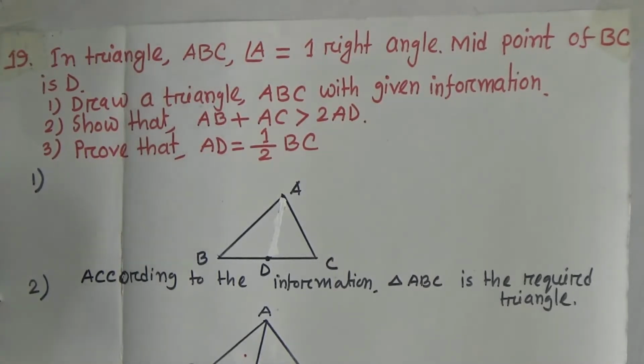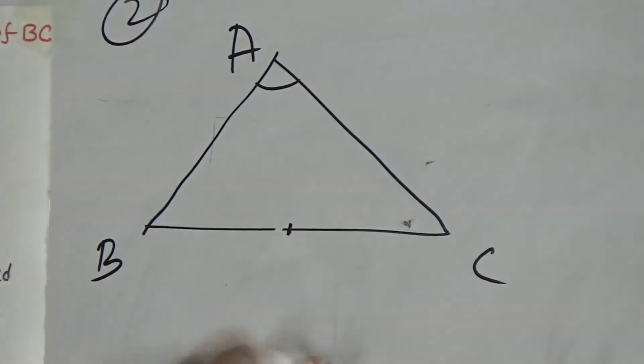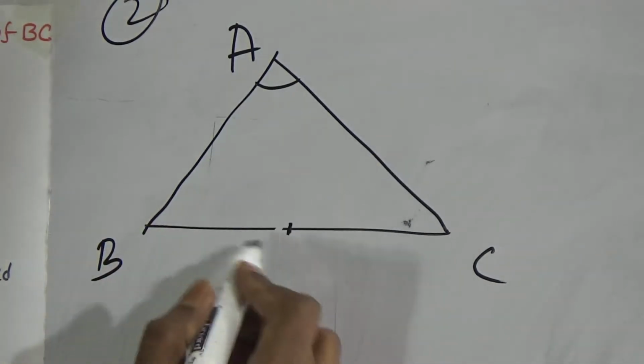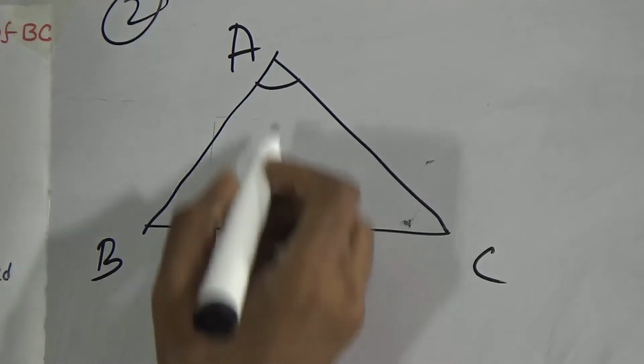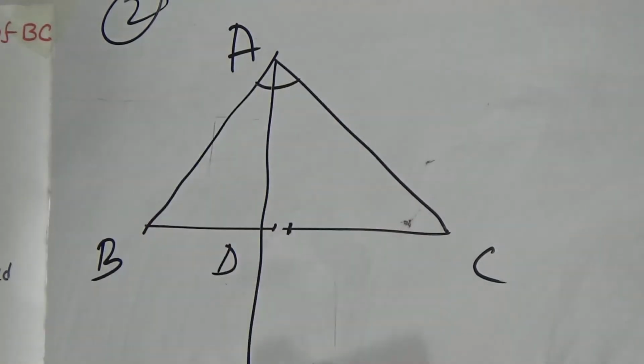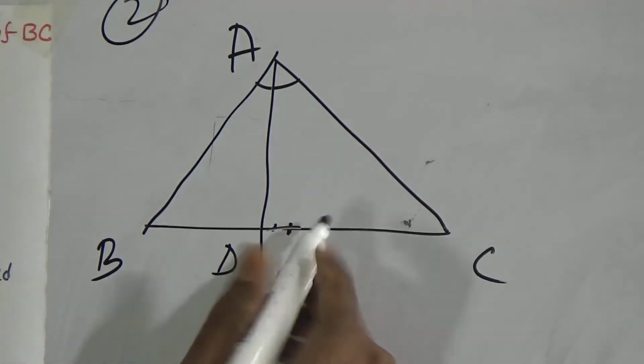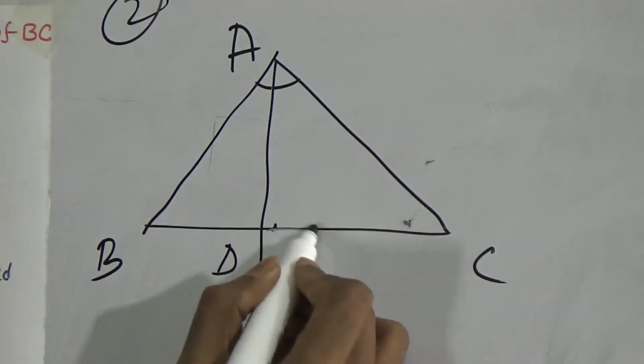This is question number 2. D is the midpoint of BC.